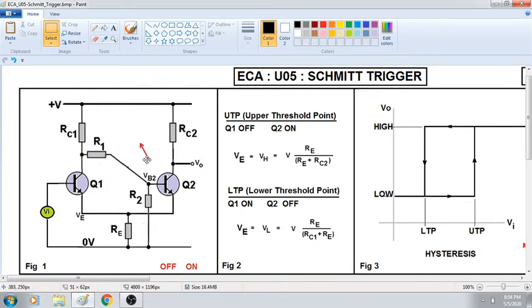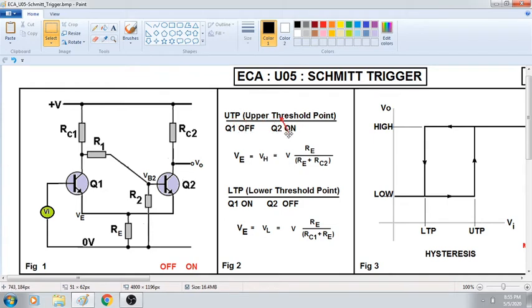Now the circuit analysis is pretty simple, provided we begin with some basic calculations and some terminology. We have to learn some terminology here. First of all we will define two voltages. One voltage we will call the upper threshold voltage or upper threshold point, or UTP. Why we give it this name you will understand very shortly.